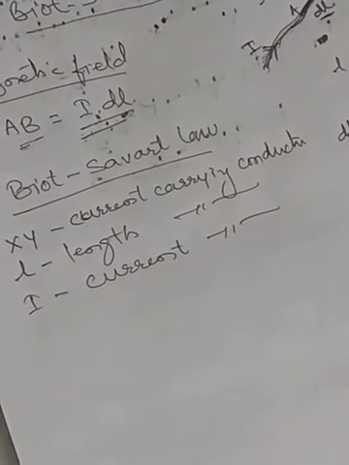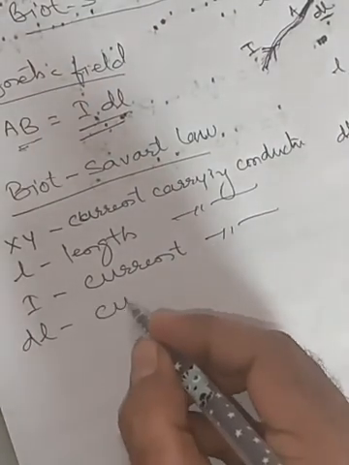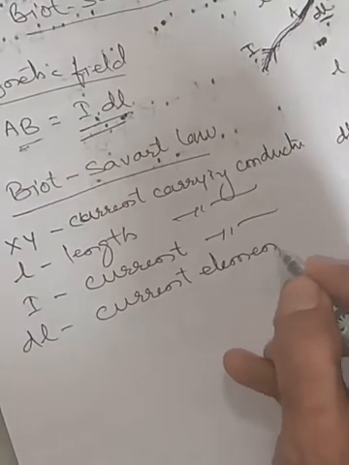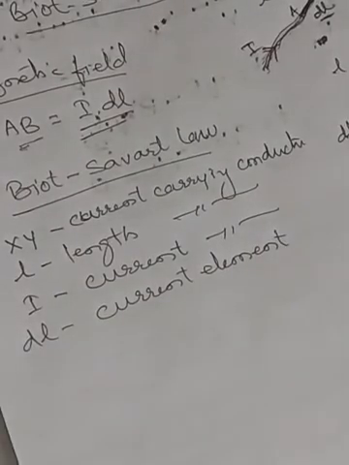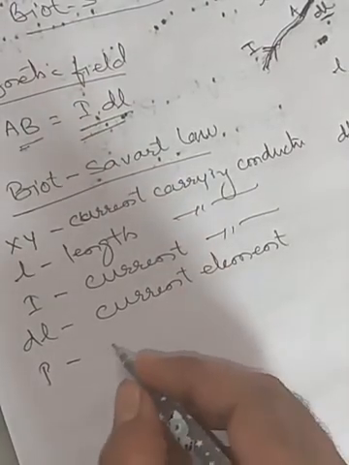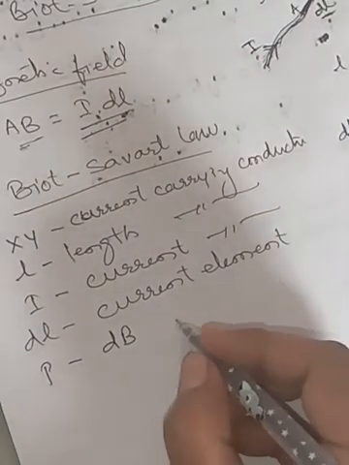What is dl? dl is the current element. What is P? P is the point at which we have to calculate the magnetic field dB. What is R?